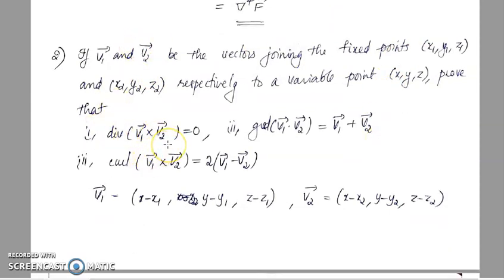First we have to prove divergence of v1 cross v2 is equal to 0. We have seen these formulas before: the divergence of a cross b, gradient of a dot b and curl of a cross b. So we are going to use those formulas here.